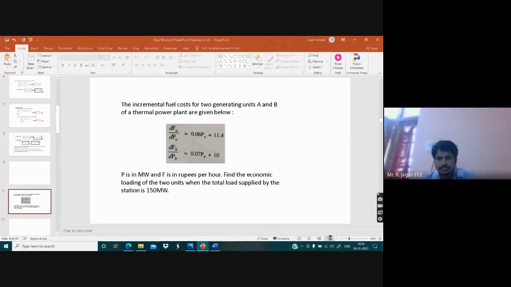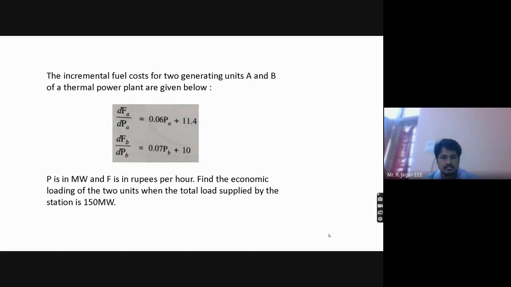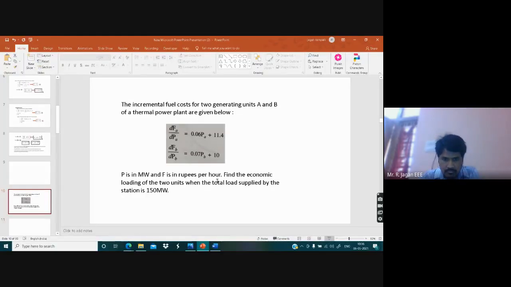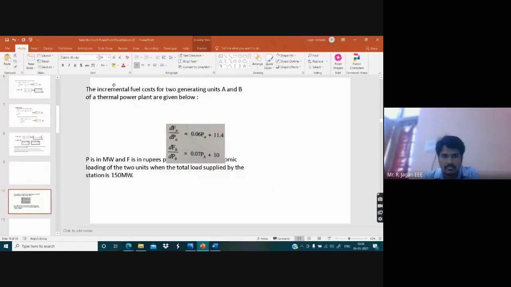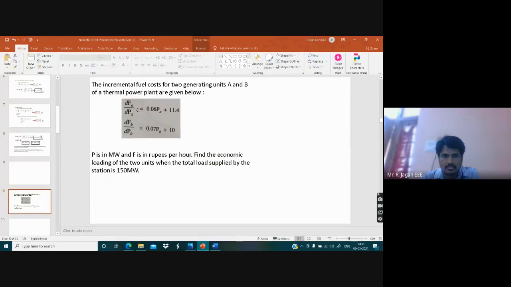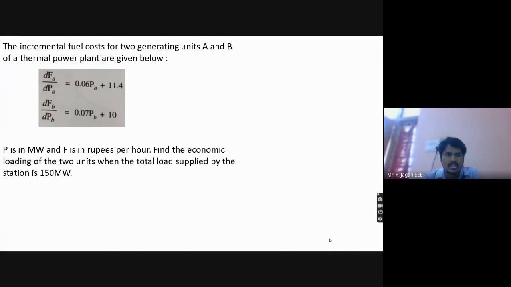So this is the problem now. The incremental fuel costs for two generating units A and B of a thermal power plant are given below. ∂F/∂PA equals 0.06 PA plus 11.4 rupees per megawatt hour, and ∂F/∂PB equals 0.07 PB plus 10 rupees per megawatt hour.